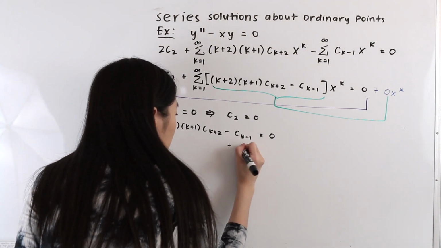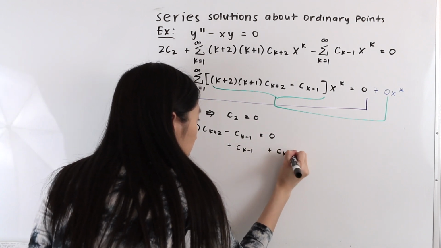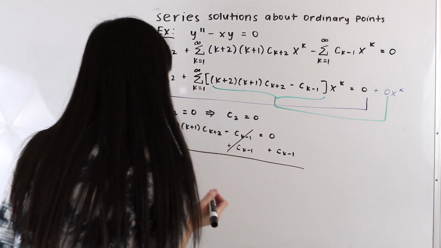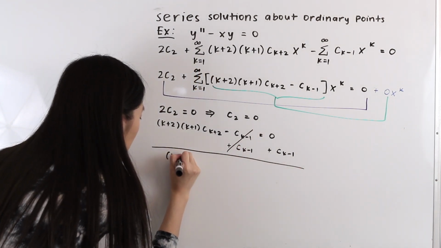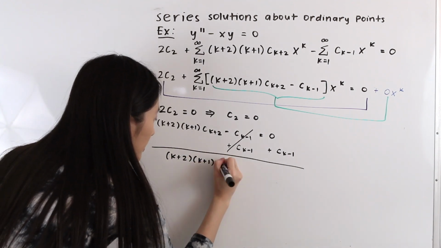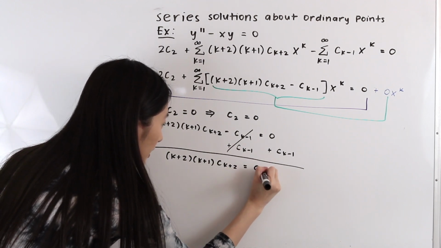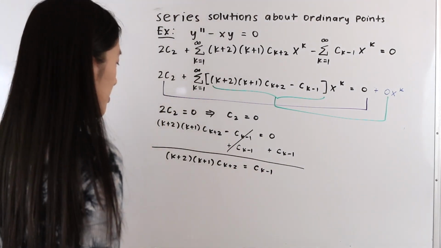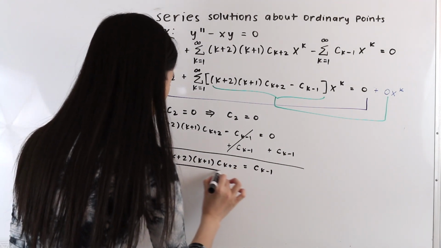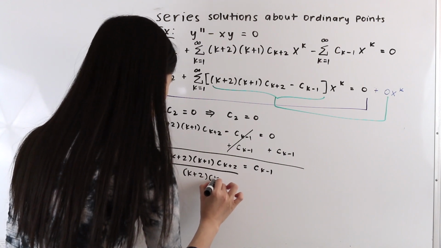So let's go ahead and add ck minus 1 to both sides. So we have k plus 2 times k plus 1 times ck plus 2 is equal to ck minus 1. And now let's go ahead and solve for ck plus 2. So let's go ahead and divide both sides by k plus 2 times k plus 1.